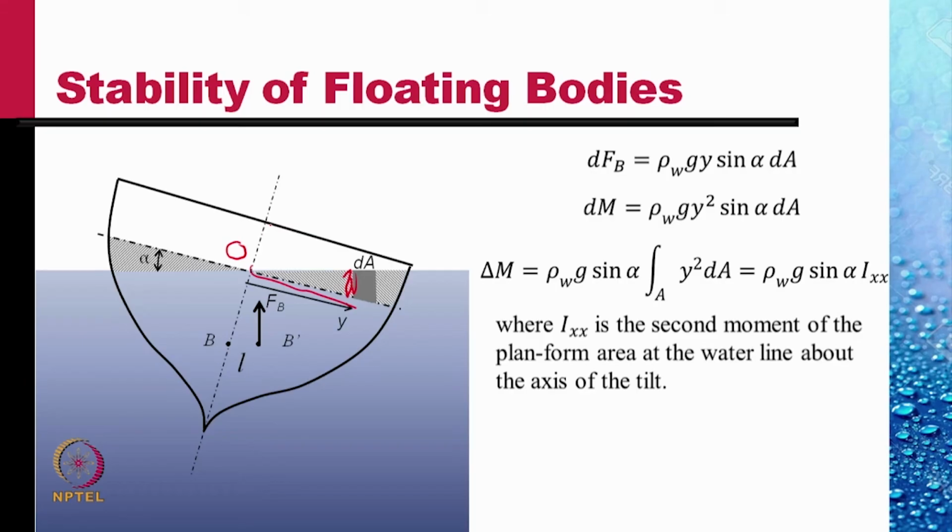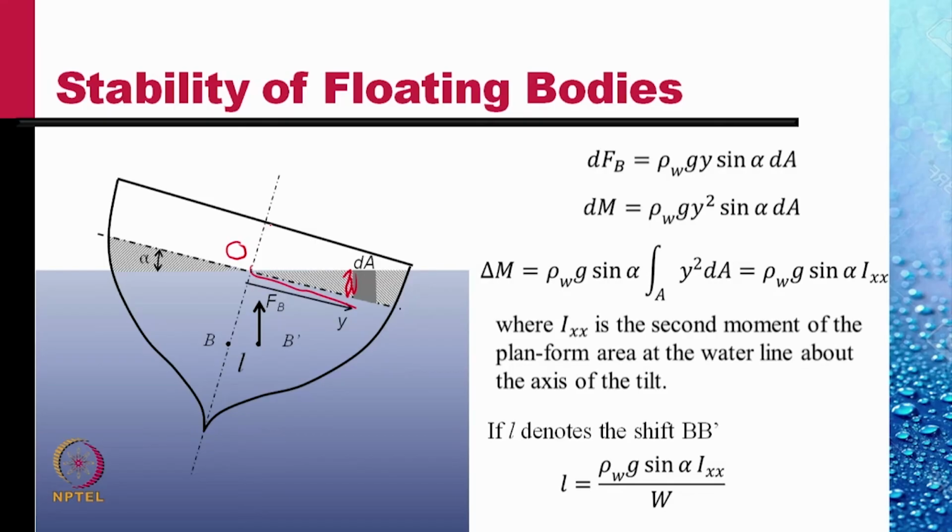This additional moment is now found to be rho w g sine alpha times Ixx, where Ixx is the second moment of the plan area at the water line about the axis of the tilt, that is perpendicular to the screen at point O. This additional moment must be equal to L times the force of buoyancy, which is equal to the weight of the ship.